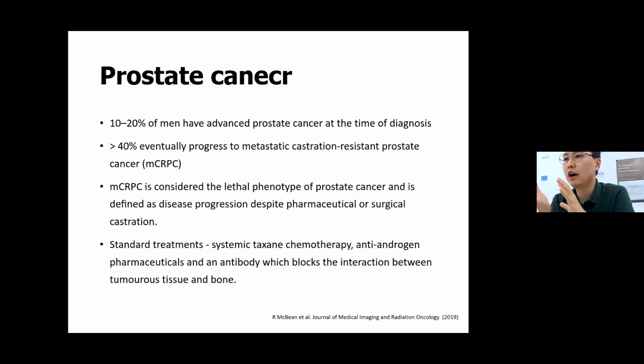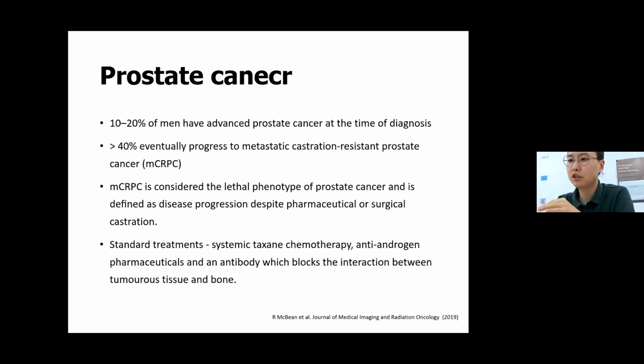Worldwide, 10 or 20% of men have advanced prostate cancer at the time of diagnosis, and more than 40% eventually progress to metastatic castration-resistant prostate cancer, abbreviated as mCRPC. This mCRPC is considered the lethal phenotype of prostate cancer and is defined as disease progression despite pharmaceutical or surgical castration.